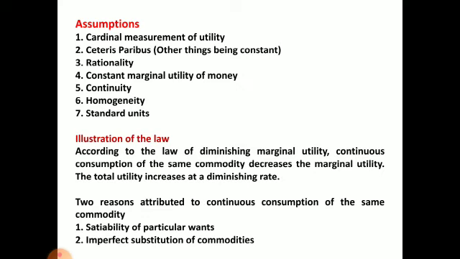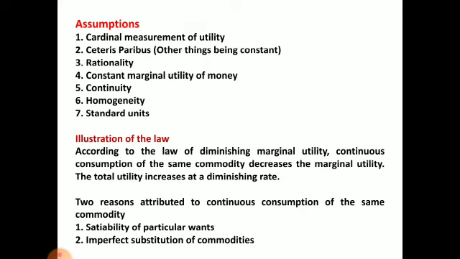For example, when you consume coffee, you should always take it as a cup of coffee and not a spoon of coffee, because that is a standard unit. So these are some of the assumptions that we make before going in for the illustration of the law of diminishing marginal utility.